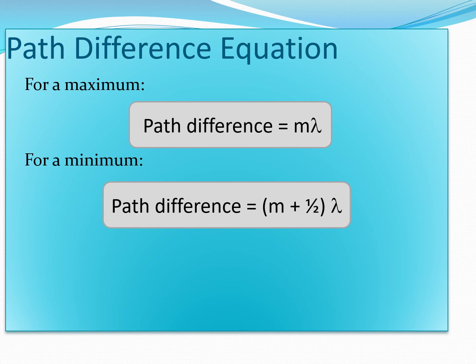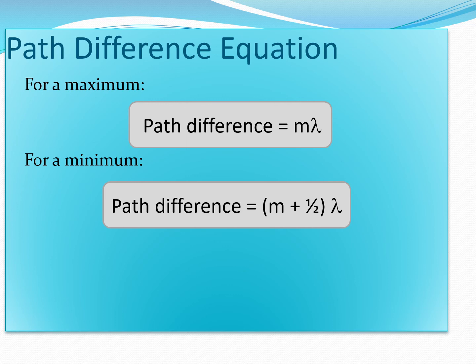Now, this is where it gets a little bit annoying. For a minimum, if you're standing at the first order minimum, you sub in m is equal to 0. If you're standing at the second order minimum, you sub in m is equal to 1. If you're standing at the third order minimum, you sub in m is equal to 2.